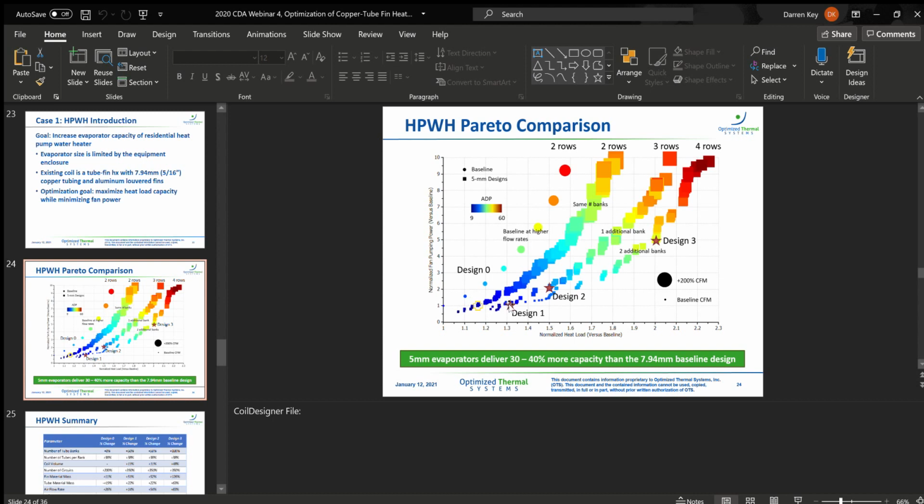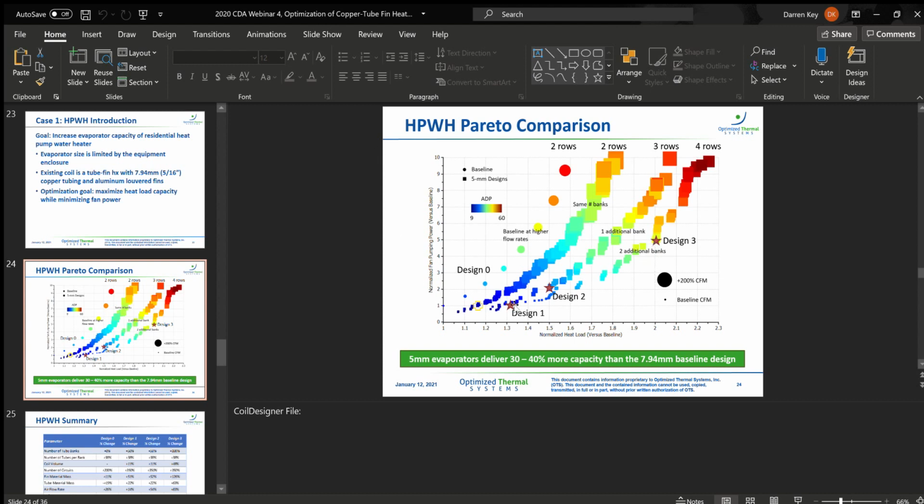That's design 1, and it has approximately 30% better performance. The design 2 was selected because it's at 2x the fan pumping power. That has about 50% more capacity. And then just to see not quite the upper limit, but perhaps effectively an upper limit of what the system might be able to produce capacity-wise, that's where design 3 is.